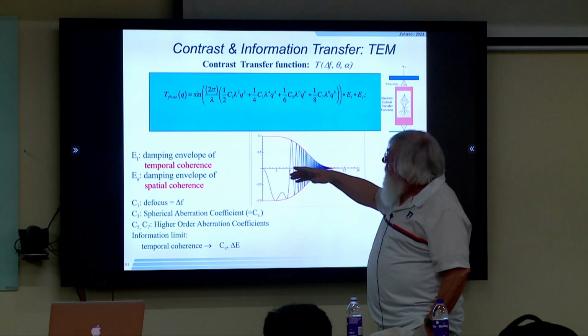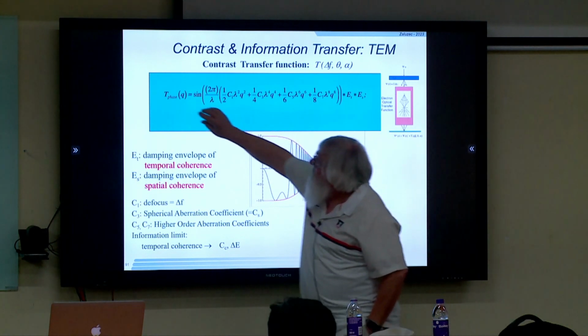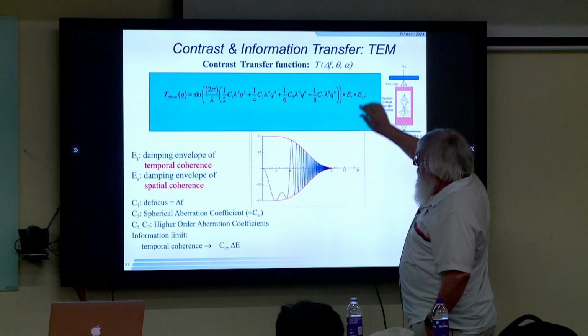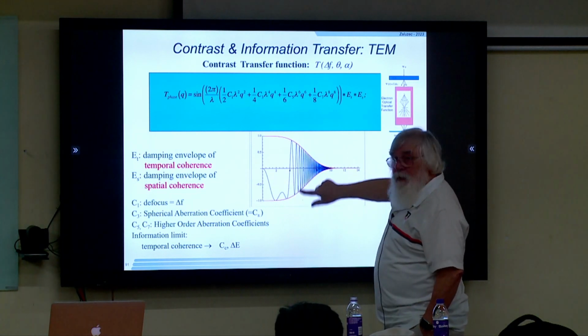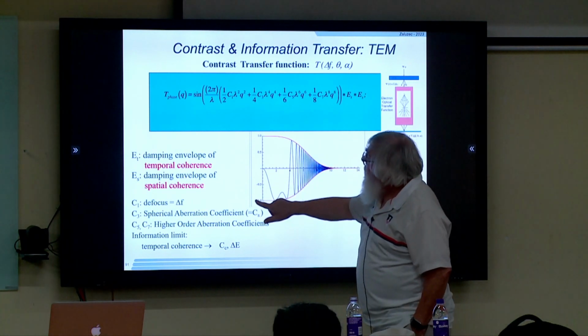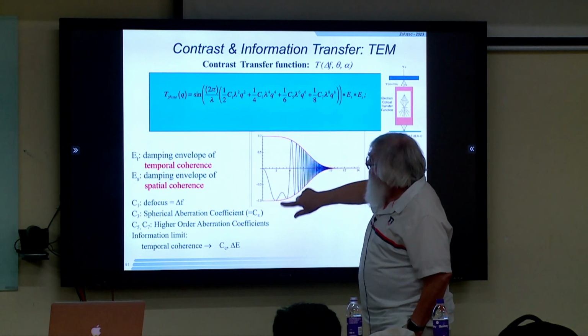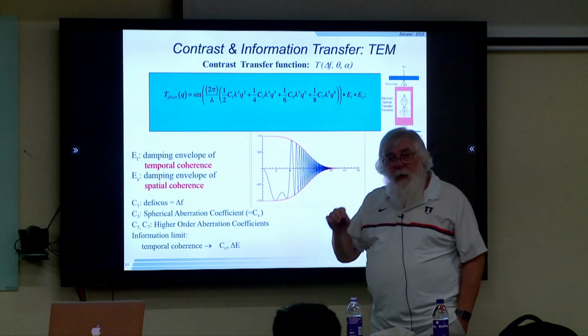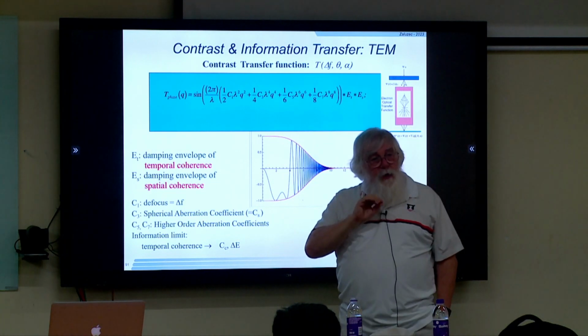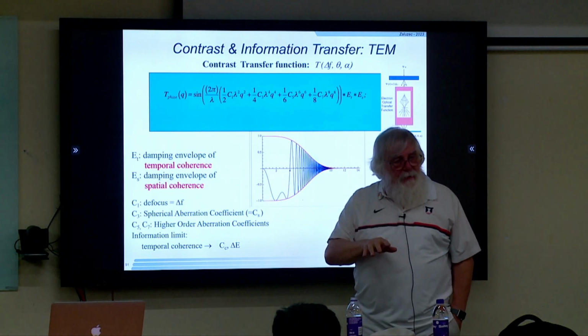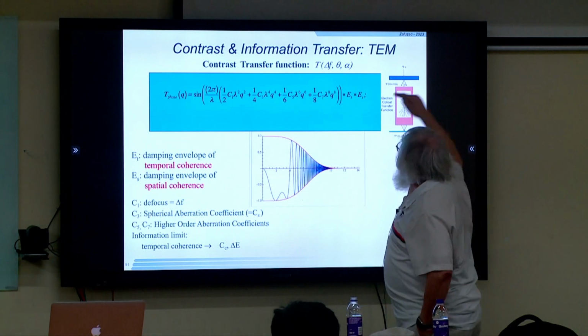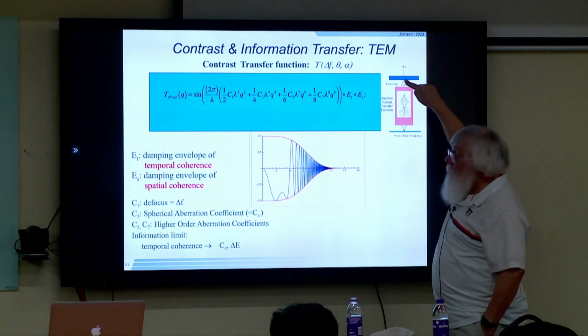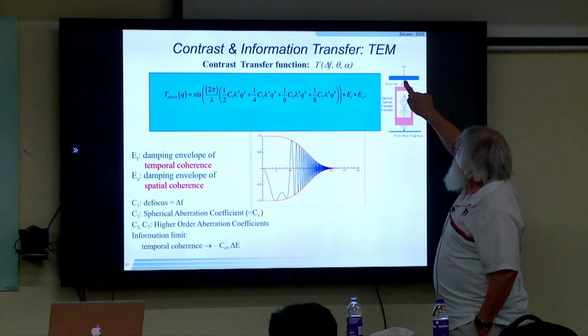So what happens is this function is plotted here in blue, okay? And I'm plotting it as the contrast transfer function as a function of resolution. All right. If you had no aberrations in a system and you put something out of the microscope, it would come back, whatever here would appear here.